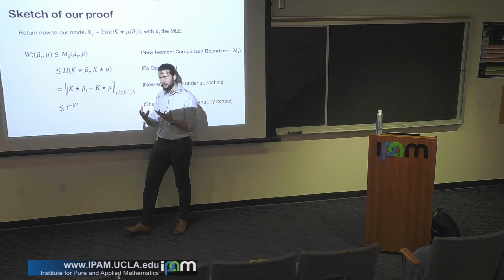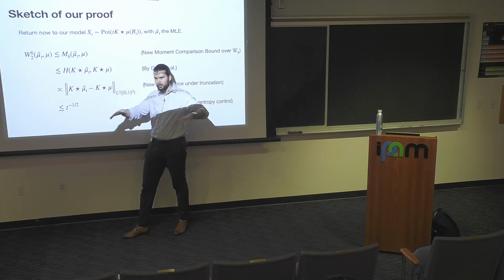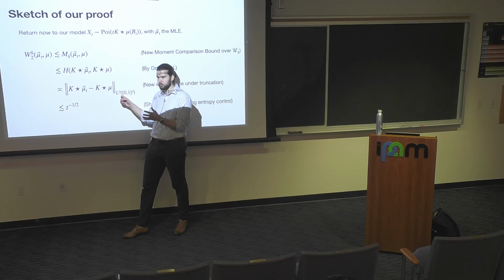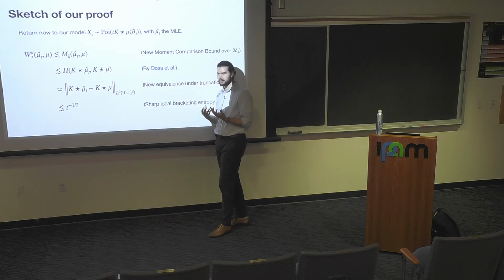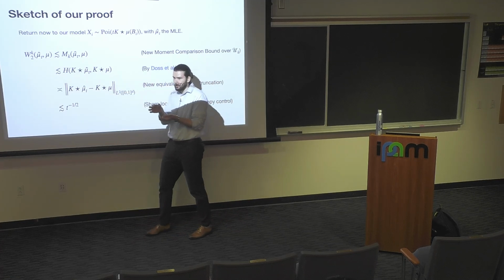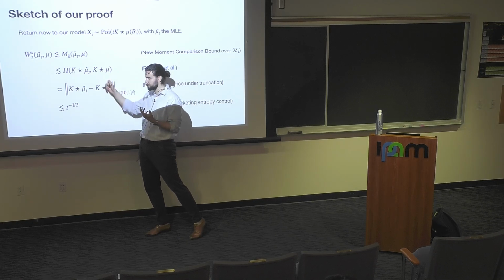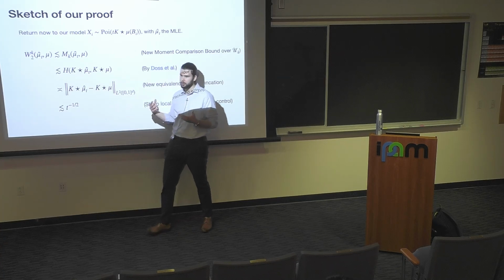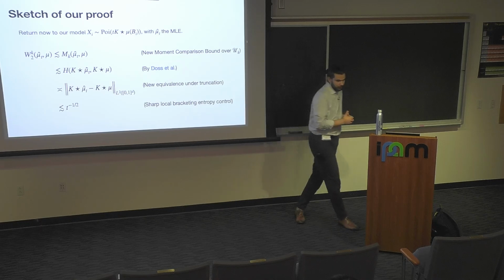What we show is that Gaussian mixtures have this kind of strong property that it doesn't matter if you look at them over all of R^d or just over a small subset of R^d, that this is actually equivalent to the full L2 metric over all of R^d. And this somehow follows from the analyticity of Gaussian mixture densities, the idea that if I observed it over an open set, then I would know the entire density. It's some argument of this type that's used to obtain this equivalence, and this is one of the nuances that arises when you're working in this kind of Poisson deconvolution model.